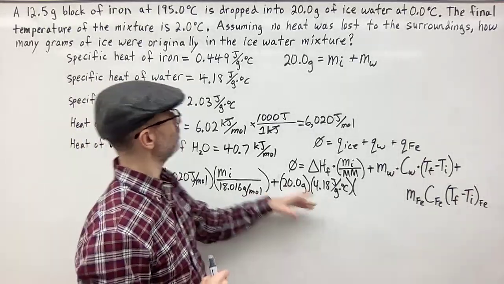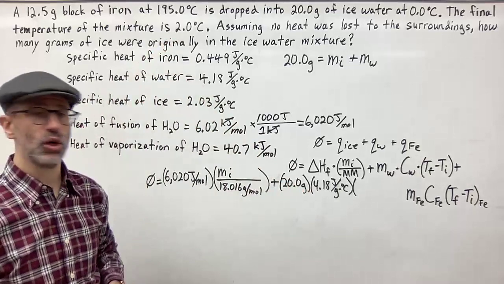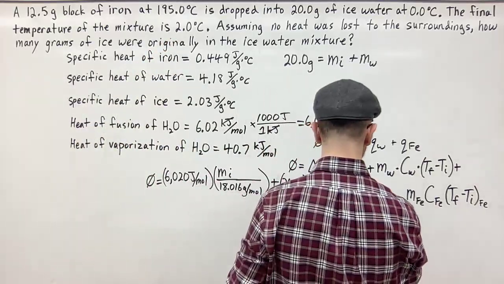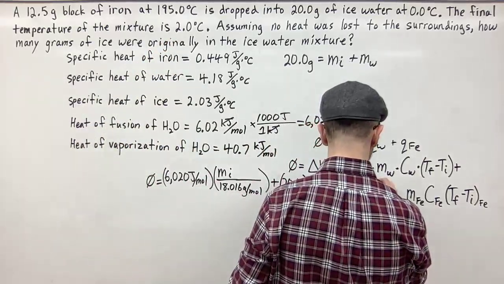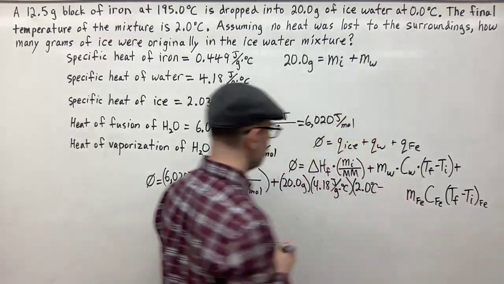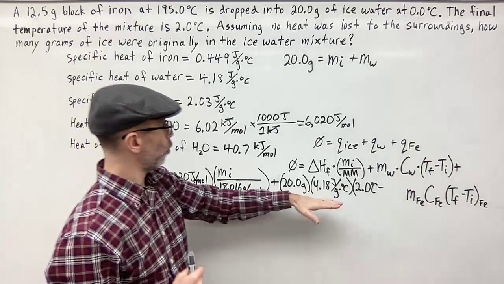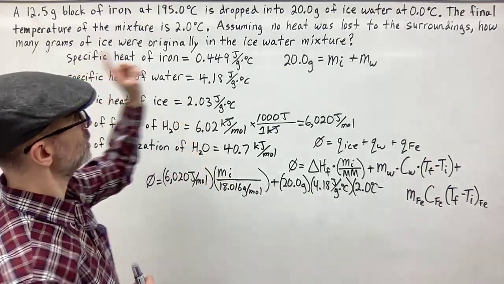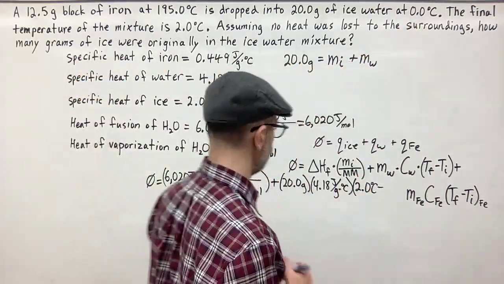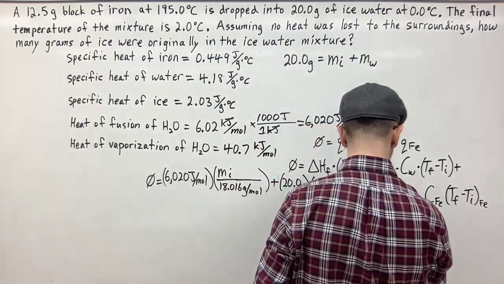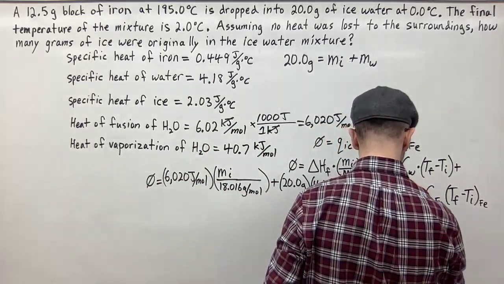So the final temperature we're told is 2.0 degrees Celsius. So it's going to be 2.0 degrees Celsius minus the initial temperature, which we are told for the water was 0.0 degrees Celsius.